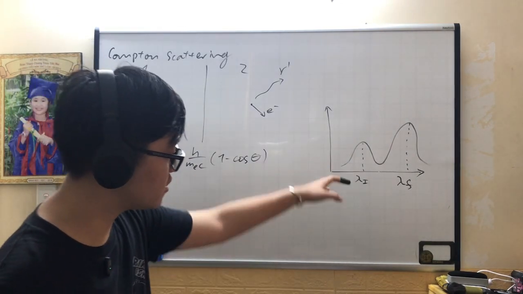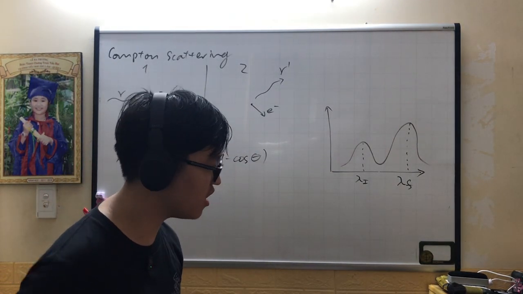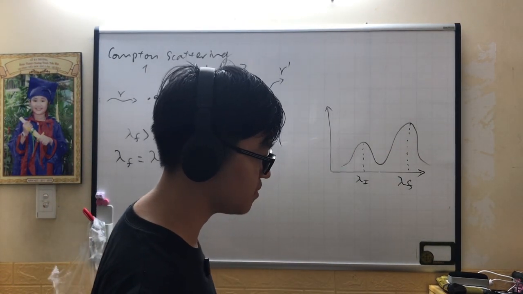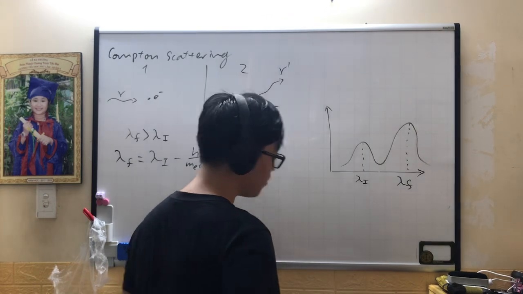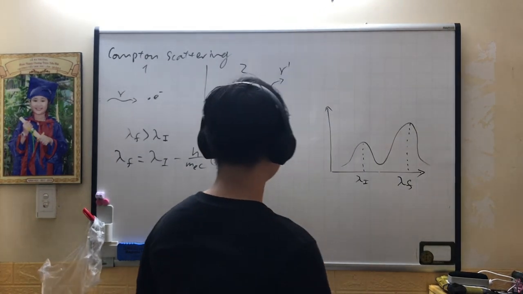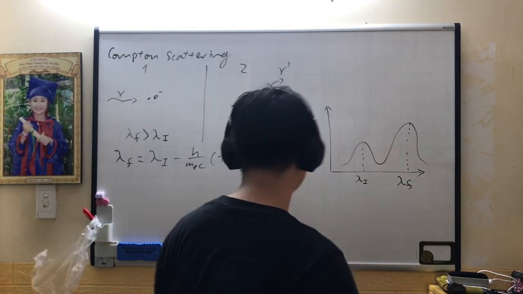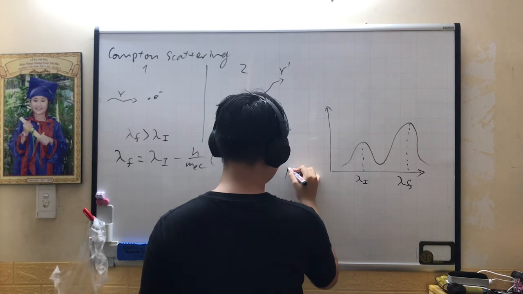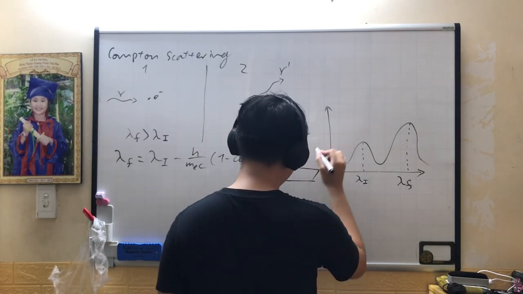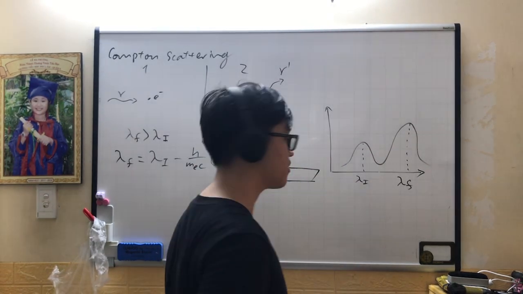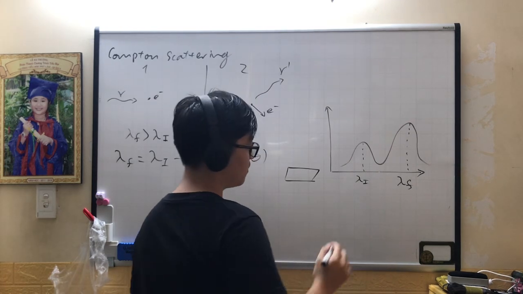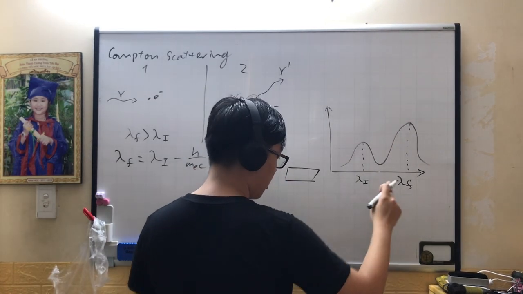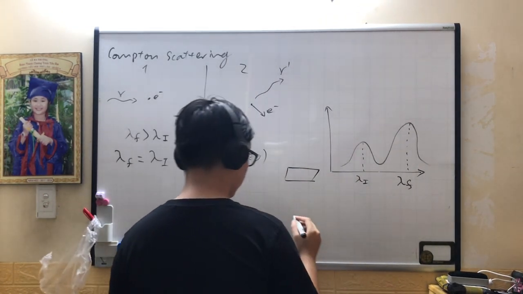And how you get this graph is that you send in a light beam to a polarizer of sorts, so that it bounces off. Depending on the angle, you would get a different outcome. But all the time, the final wavelength would always be greater than the initial wavelength.